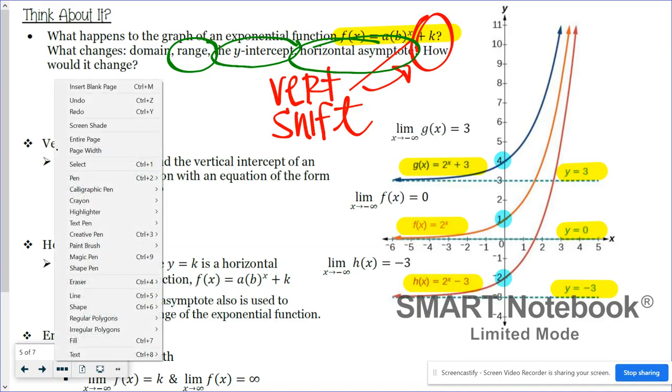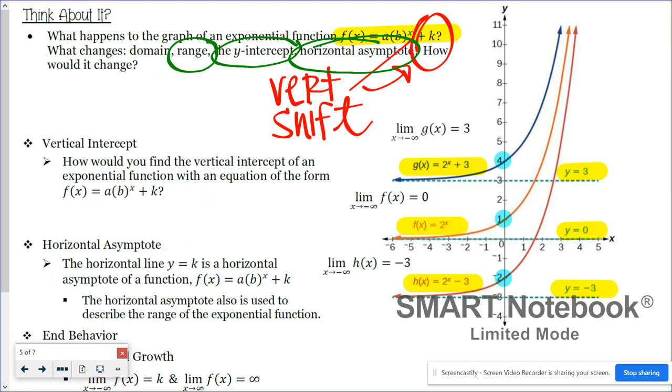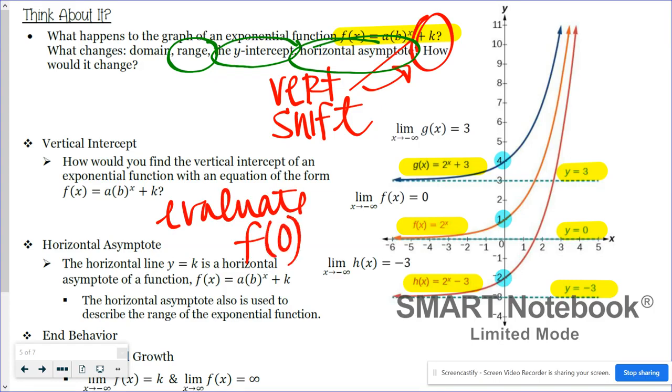That's why you can find the y-intercept of any function by evaluating f of 0. So plug in 0 for x and calculate. Like this function here, if I calculate 2 to the 0 power plus 3, I'm going to get 4.